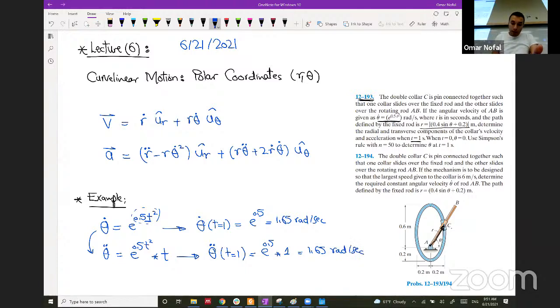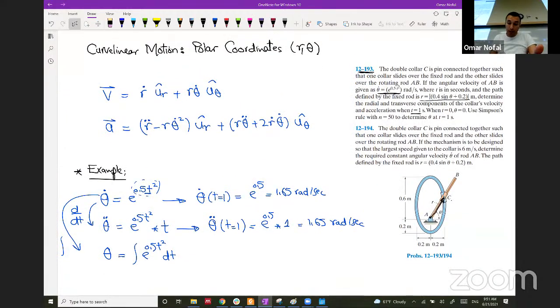We got this by differentiating d/dt, and if we want to get theta, we have to integrate this. So we do integration with respect to time: the integral of e to the power 0.5 t squared dt, with the bounds from t equals 0 up to t equal 1 second.